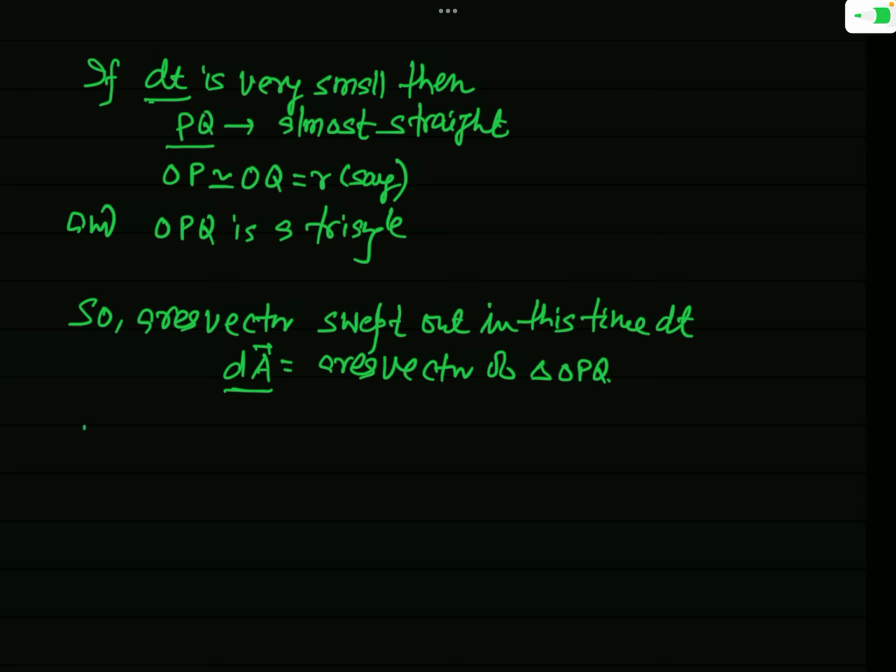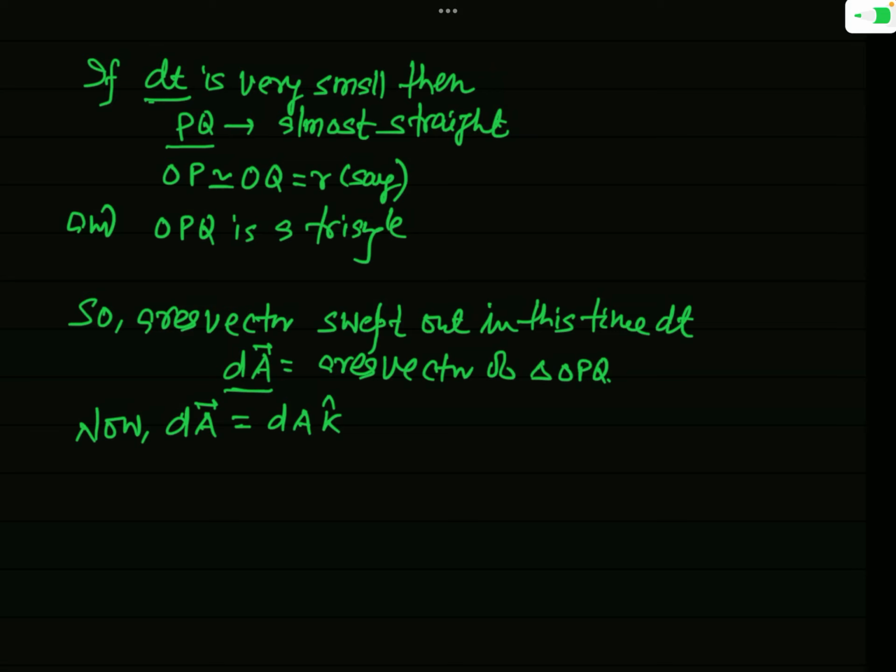Now let us try to find this area vector. What will be this dA? As I have told you, if we consider that the particle is moving in the xy plane, then this area dA swept out by the position vector in time dt will be in the xy plane.